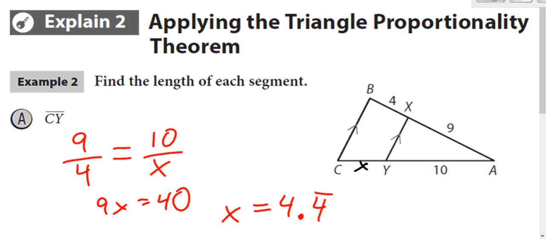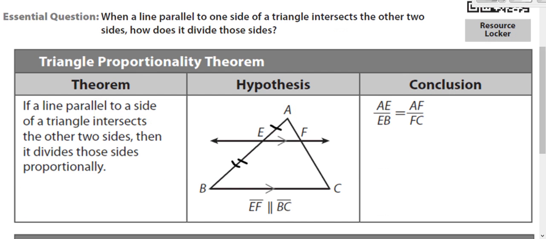That was way back here at the beginning. The triangle proportionality theorem.